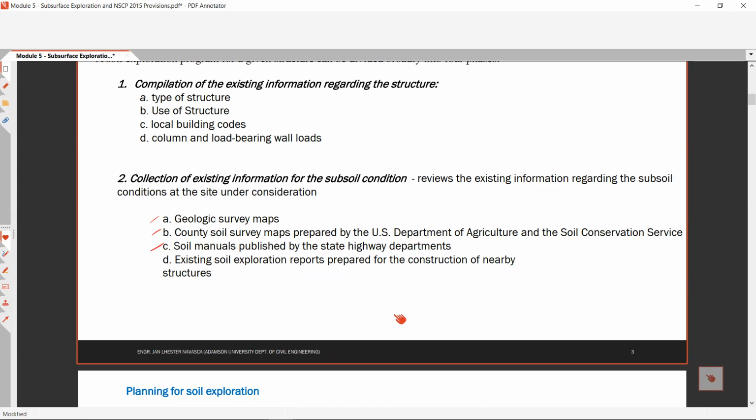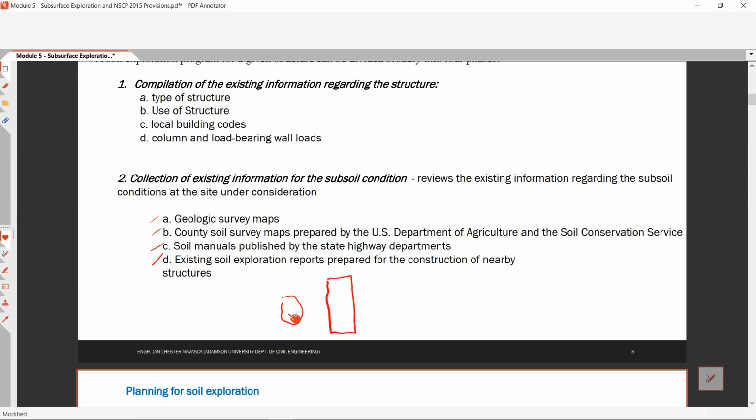And we have the existing soil exploration reports prepared for the construction of a nearby structure. So for example, this is your site, and the nearby project, this one, they determined that the soil is liquefiable, or the soil is plastic. Okay, your soil is plastic.